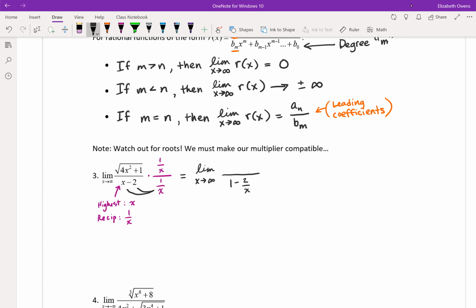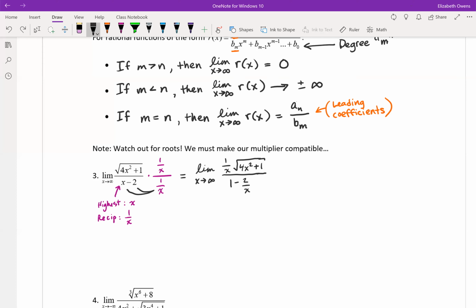But in the numerator, our multiplier is not a root, and then everything else in the numerator is under a square root. So they don't really go together. We have 1 over x times the square root of 4x squared plus 1.